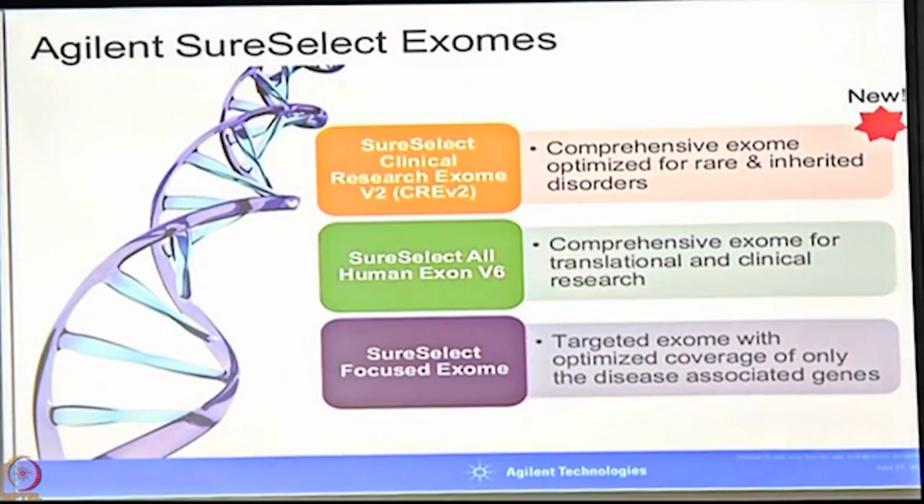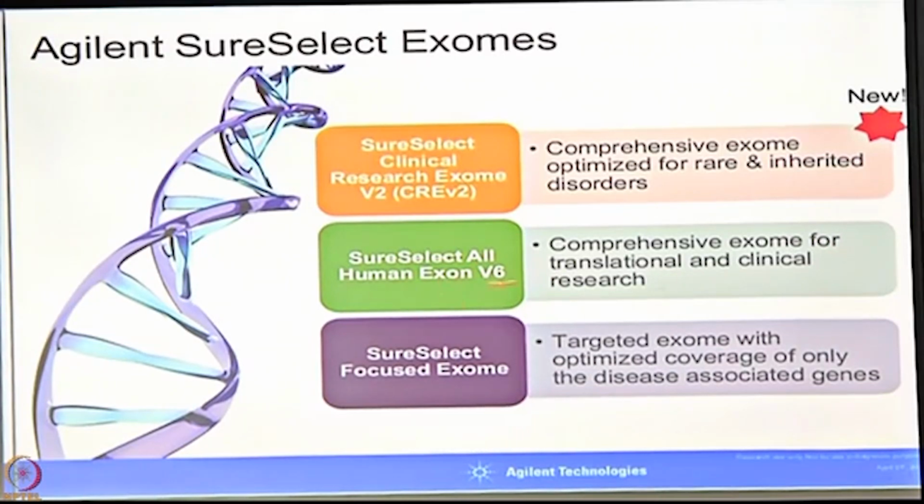Most of the rare diseases are now studied by this panel, called the clinical research exome panel. It contains all the exon regions and also the intronic regions which are associated with inherited disorders.